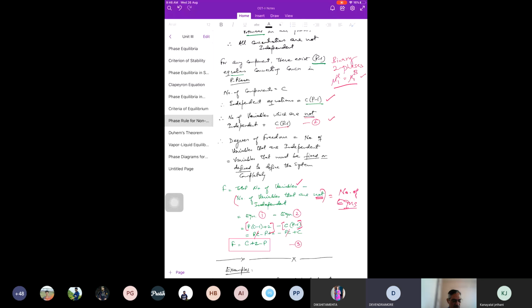Okay, so if there are 2 phases and 2 components, right. तो अगर इक्वेशन ऑफ क्राइटेरिया ऑफ इक्विलिब्रियम क्या देखा था हमने, μ1 in phase 1 is equal to μ1 in phase 2, बराबर. That is a constraint. That is an equation which already specifies. So if I know μ1 in phase 1, I also know μ1 in phase 2, बराबर.